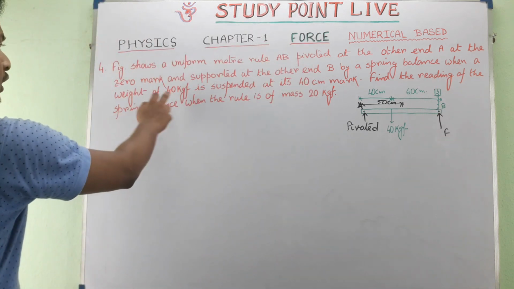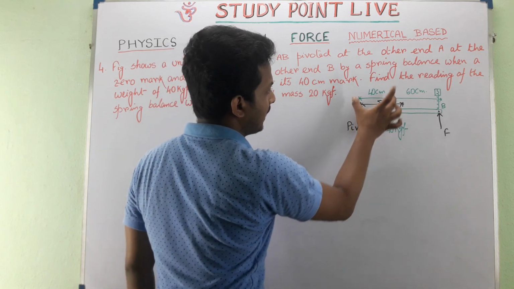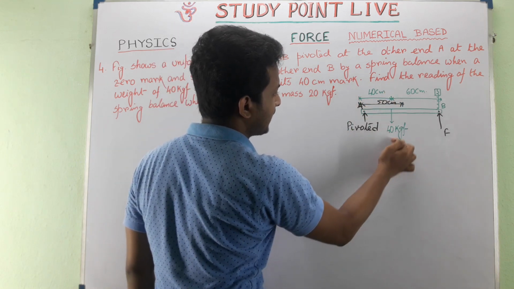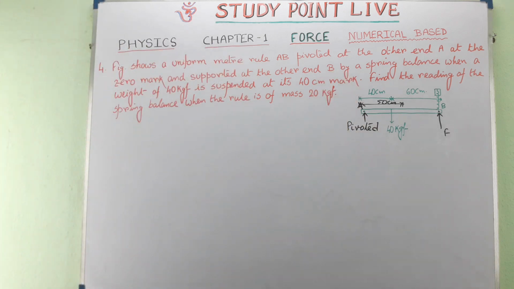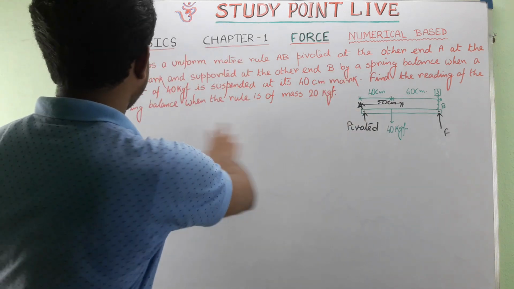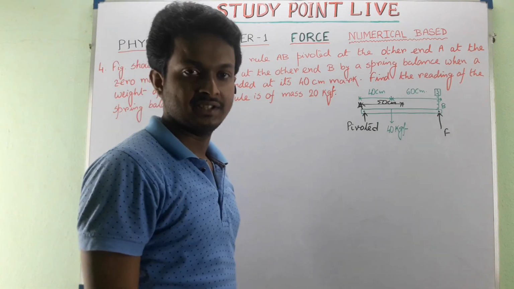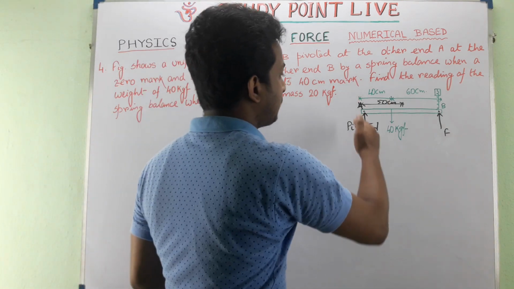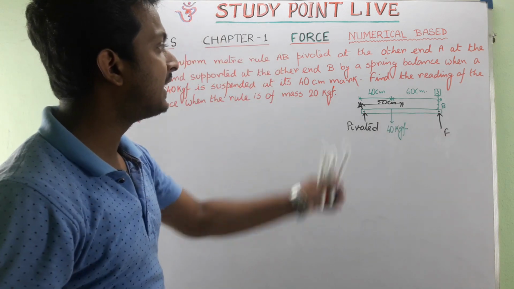When the weight of 40 kg is suspended at its 40 cm mark. See, from here at a distance of 40 cm, 40 kg of weight is suspended. Suspended means it is in the downward direction. Find the reading of the spring balance when the rule is of mass 20 kgf. The entire mass of the rule is 20 kgf, but we have to find the reading.